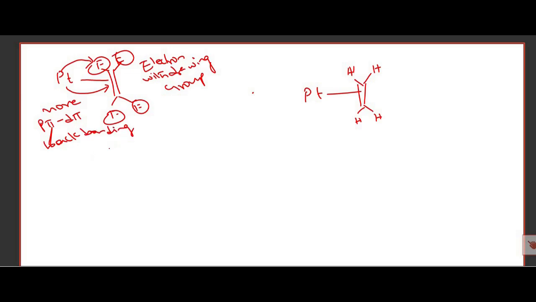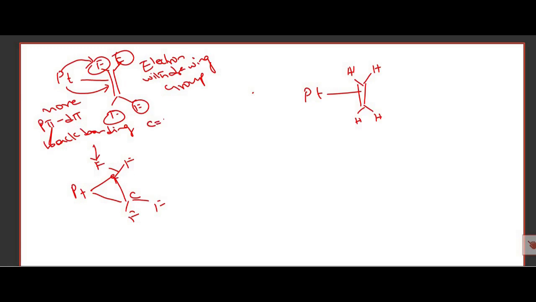As a result, you will get the structure like this, where this carbon-carbon double bond becomes a carbon-carbon single bond.